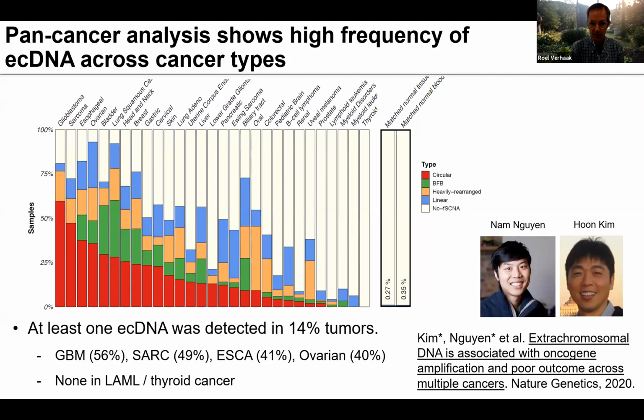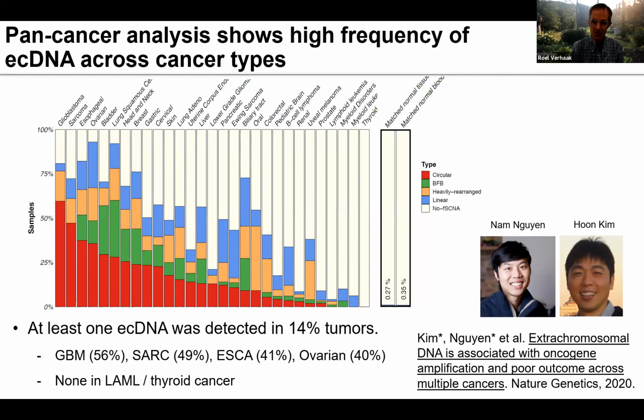It so happened that Vineet had earlier developed a method to detect breakage fusion bridges, whether an amplification was heavily rearranged but linear, or relatively simple and linear. So we distinguished 4 classes of amplification.